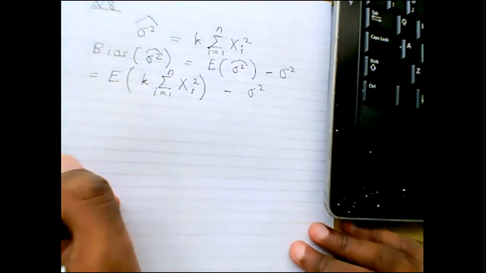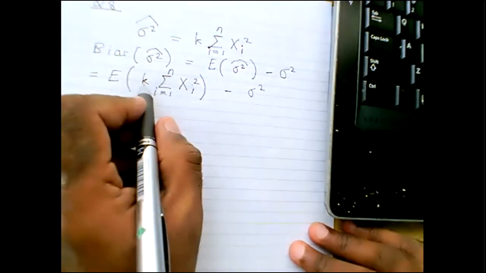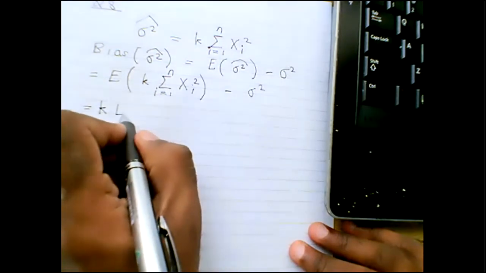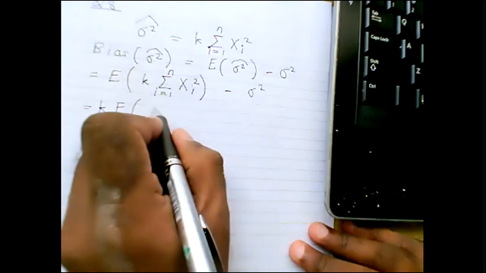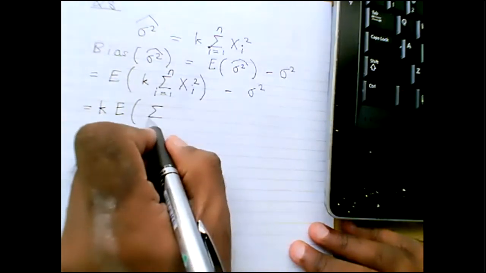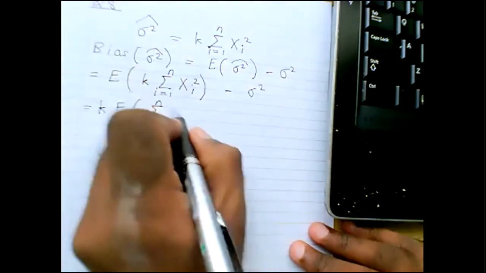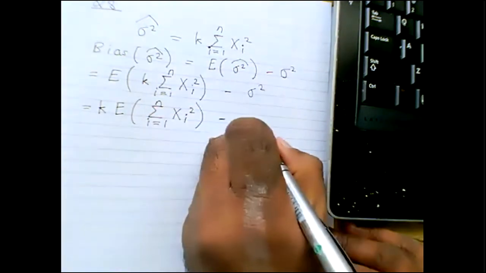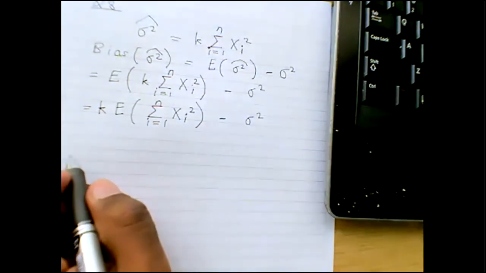K is a constant, so you can pull it outside. So this becomes K times the expectation of the sum.